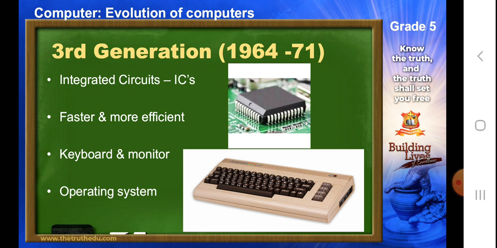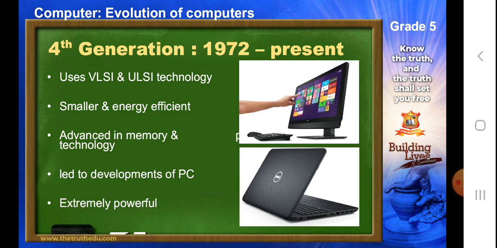Students, till now the mouse has not come into the picture. So the third generation is where the main changes took place. Next, an operating system was used in it. What was the first operating system? If you remember, I spoke about DOS, which was the disk operating system.